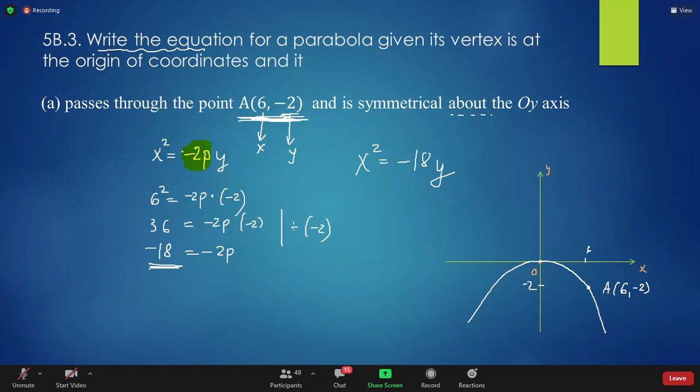I need minus 2p as the constant in the equation. So this would clarify, hopefully, the general idea. If I know the general form of the equation, if I know what the equation should look like in principle, and I know some points, I can put the coordinates of that point or points into the equation and get a new equation to find out the unknown parameters, the unknown constants for that equation.